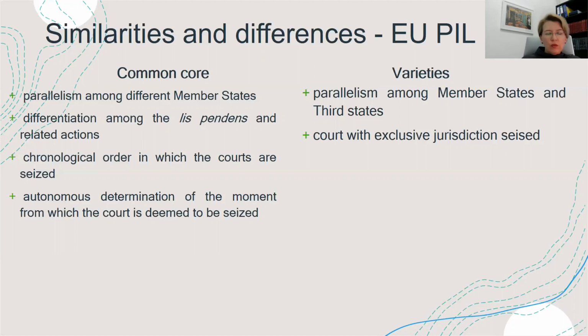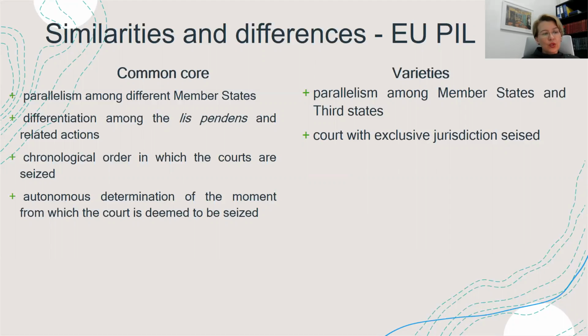Once the jurisdiction of the court first seized is established, the court second seized shall decline jurisdiction in favor of that court. As established by the academics and Court of Justice of the European Union case law, the lis pendens rule is jus cogens. The mechanism to resolve situations of lis pendens is subjective and automatic.